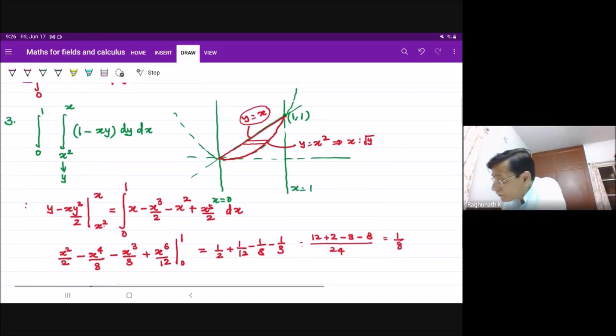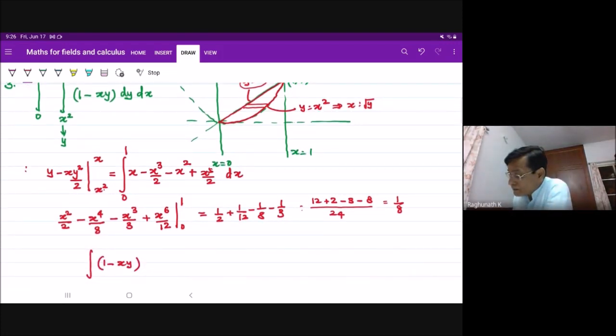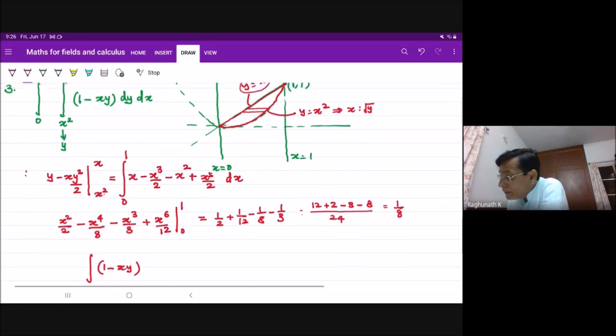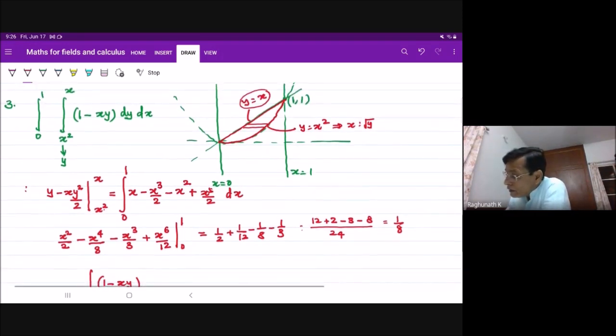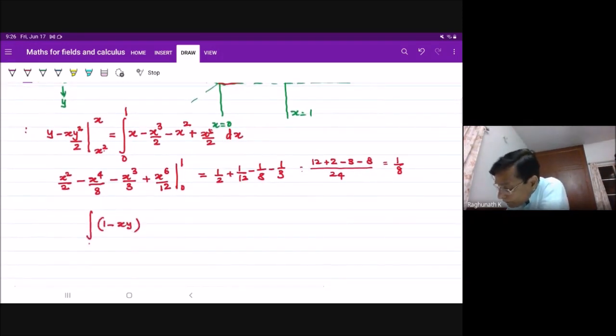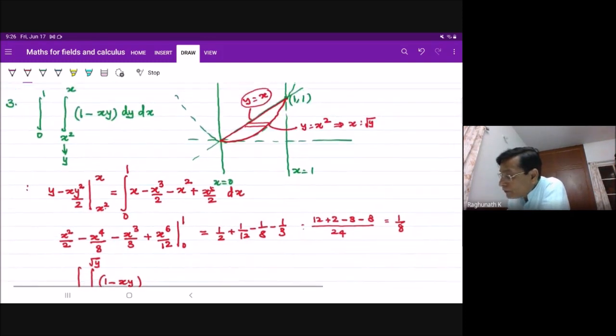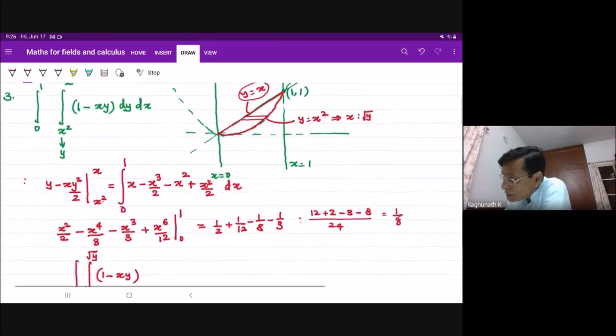Next, 1 minus xy, limits are y to root y, from 0 to 1. Such strips.